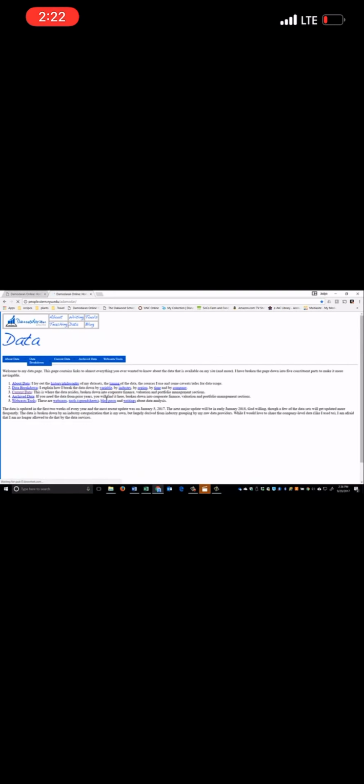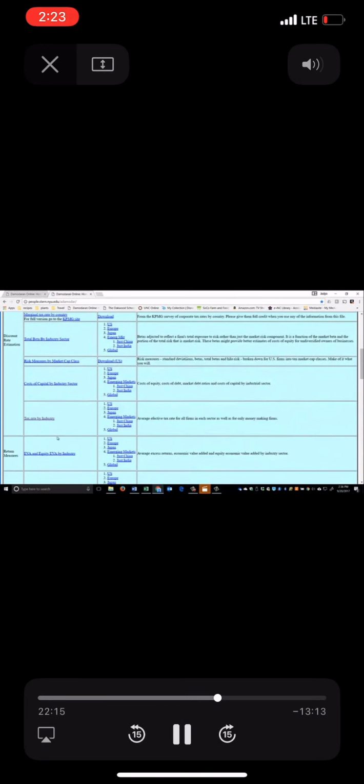Go to Data, Current Data, and now we're looking for Tax Rate by Industry. There it is. And there is our table. And again, it's all the same industries that we have betas for. You'll notice he gives us 3 different tax rates. So which one do we use?